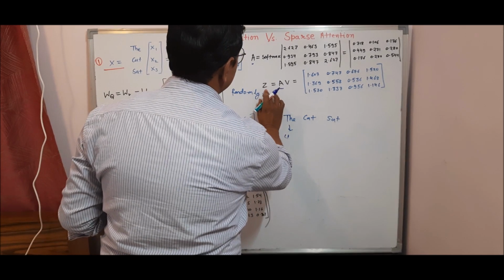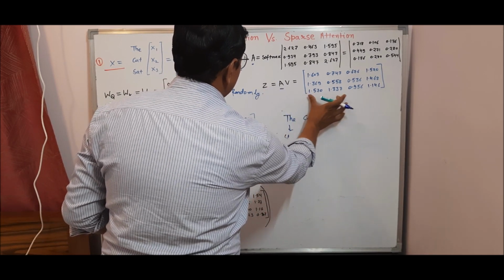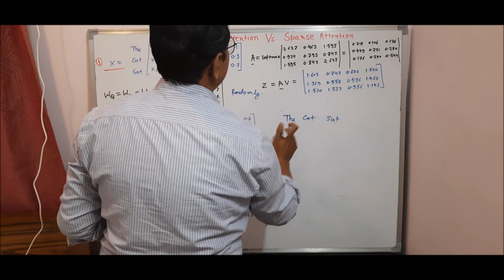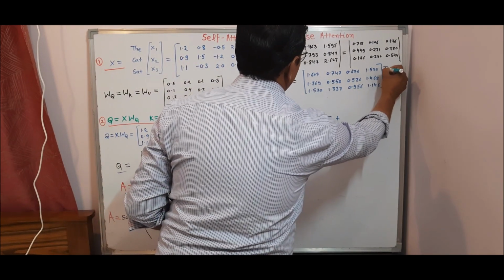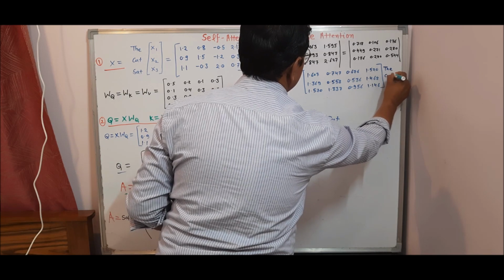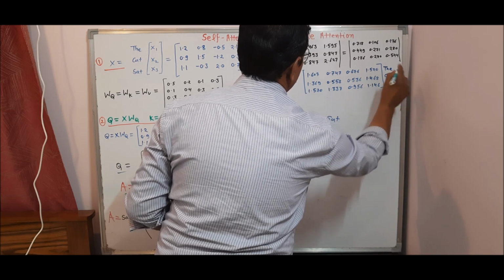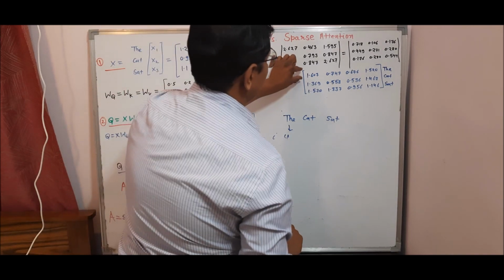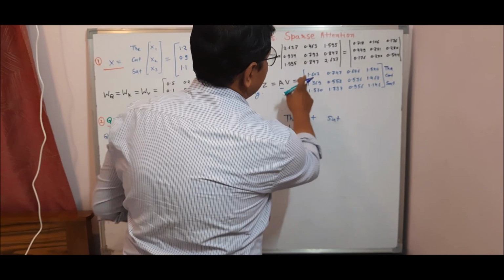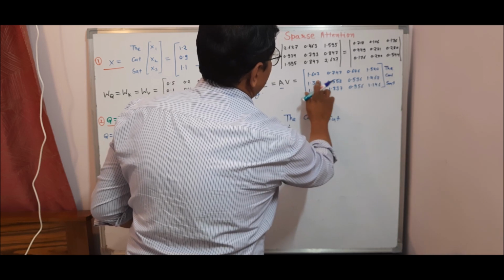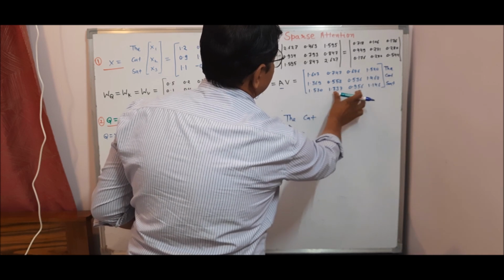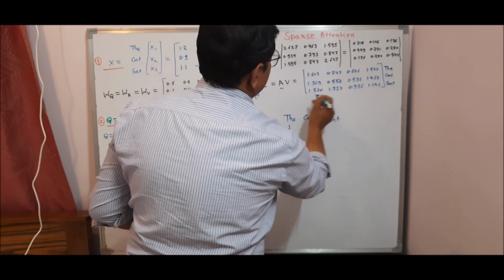This context vector gives information about how much attention weight these three words are getting. You can see that this weight is slightly bigger than this intermediate weight, but a little less compared to the last.